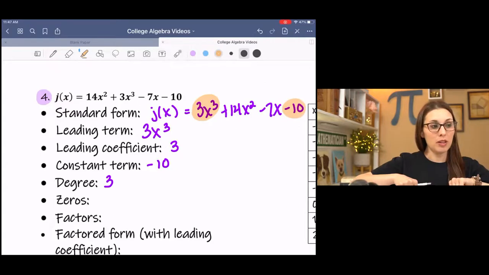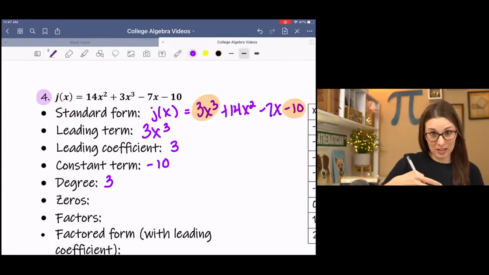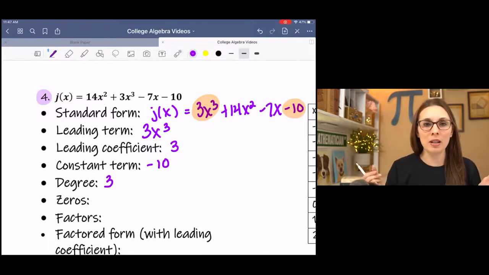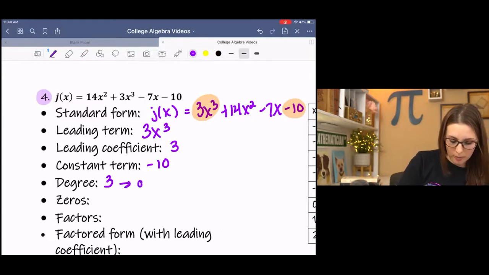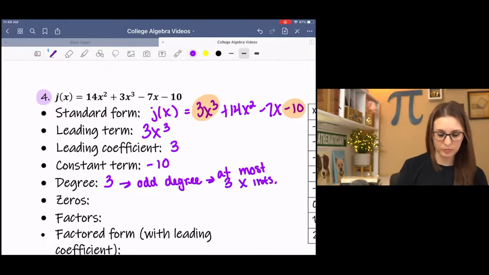And also the degree is 3, which is giving us several pieces of information. It's telling us the largest possible number of zeros, and it's telling us about end behavior. This is an odd degree, and it also will have at most 3 x-intercepts.